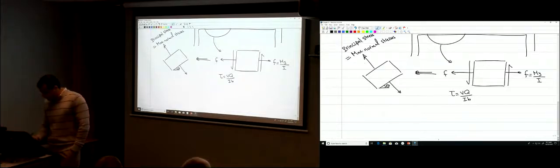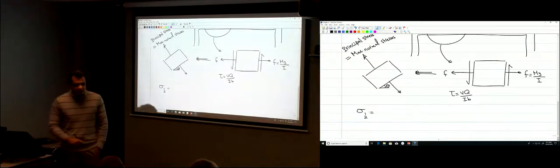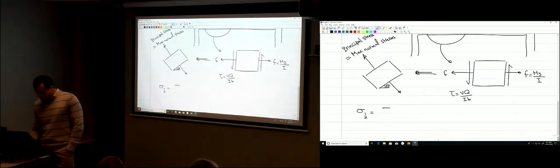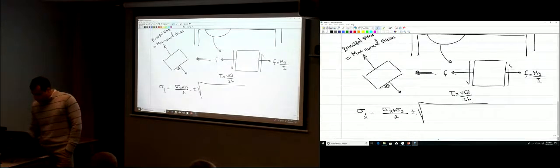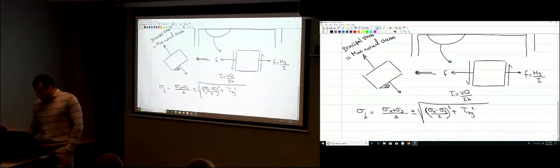So the principal stresses, you remember you used to call this, I guess you used sigma, right? The notation sigma 1, 2, the principal stresses, is equal to sigma x plus sigma y divided by 2, plus or minus the square root of sigma x minus sigma y divided by 2 squared plus tau xy squared.